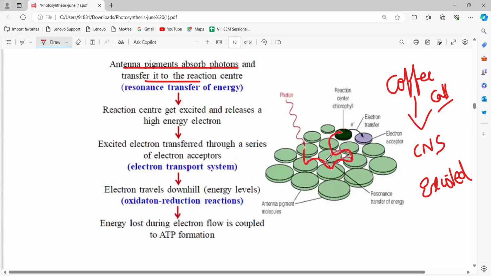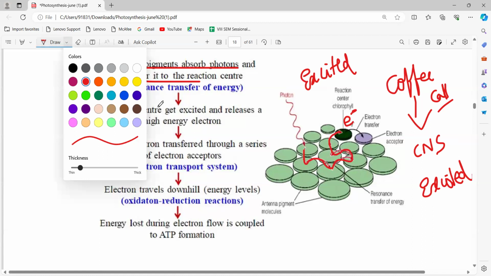Similarly, friends, what happened here? When the energy is transferred to this reaction center, it also gets excited because it received a lot of energy. Whenever it gets excited, friends, it is going to release excited electrons. Such an important and unique point it is.